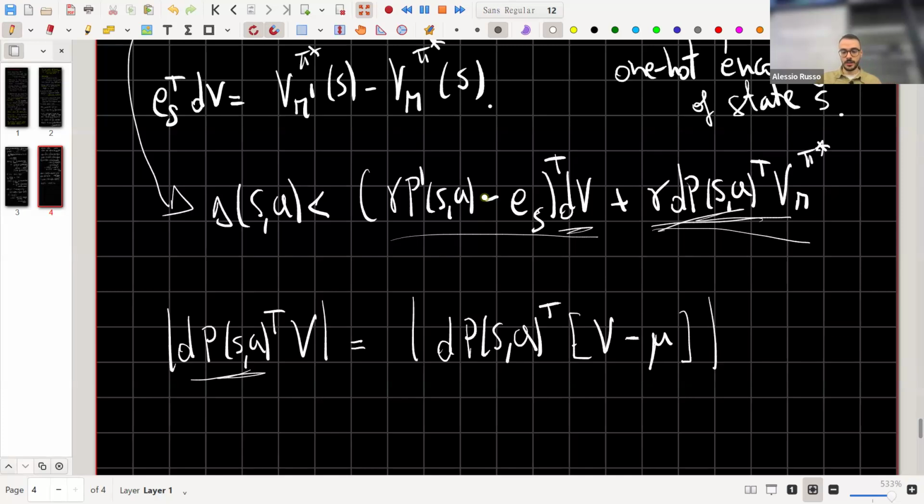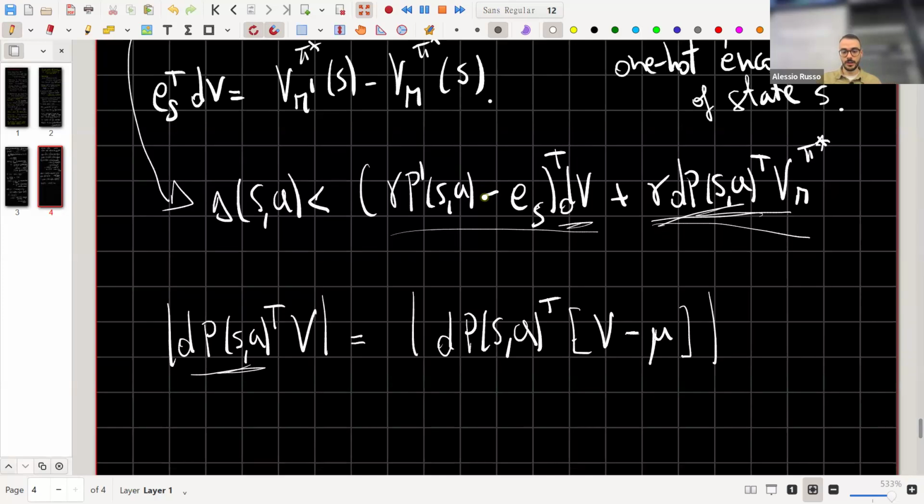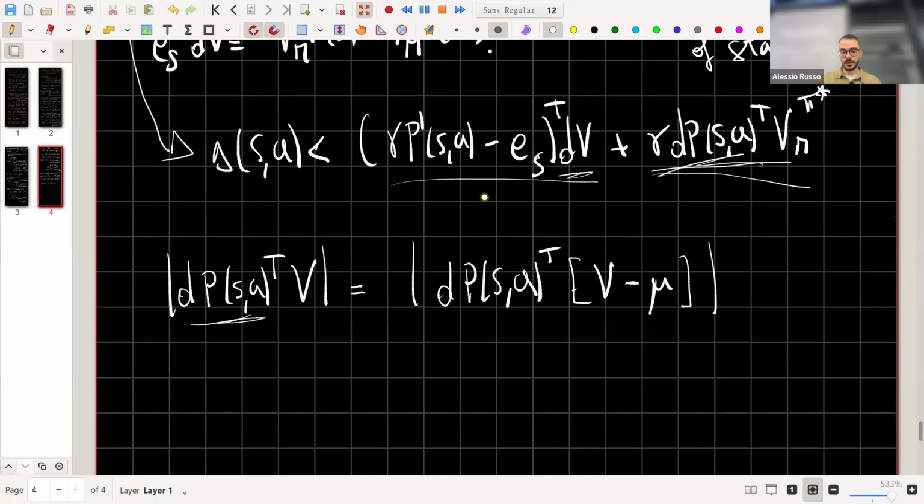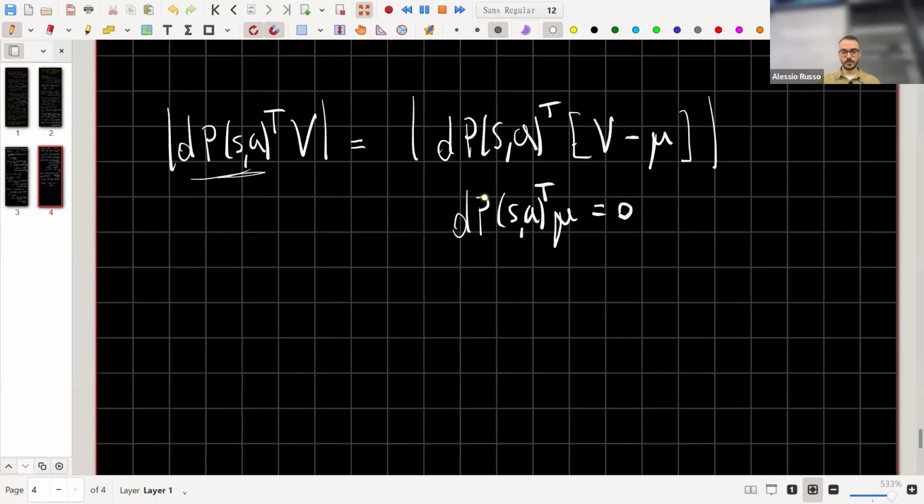And so why does the equality hold? Because this vector is constant, this inner product here is equal to 0. So we can subtract a constant to obtain something that is a bit more meaningful. And then we apply Holder's inequality.